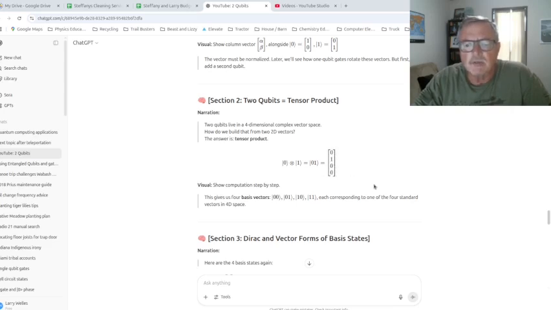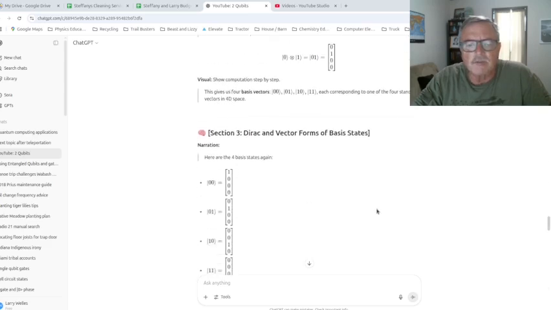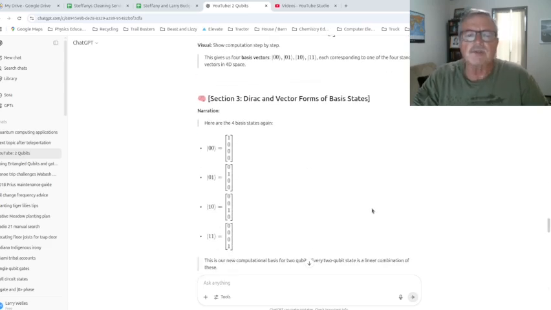Now, to make it a little bit simpler, let's look at all of them. These are all the possibilities of the basis gates. In other words, just zeros and ones for 2 qubits. There's our 4 vectors. Now notice there are 4 items in each one.